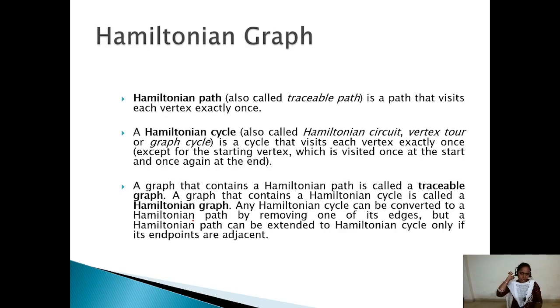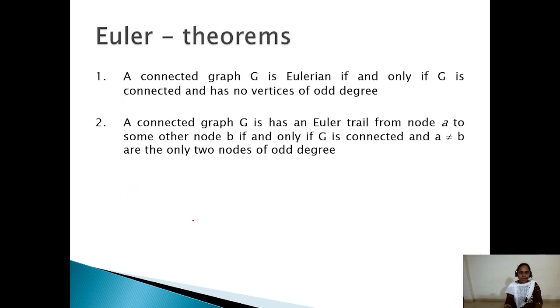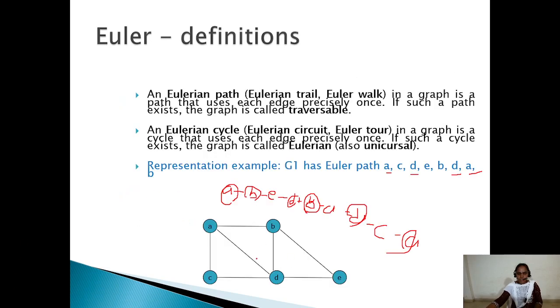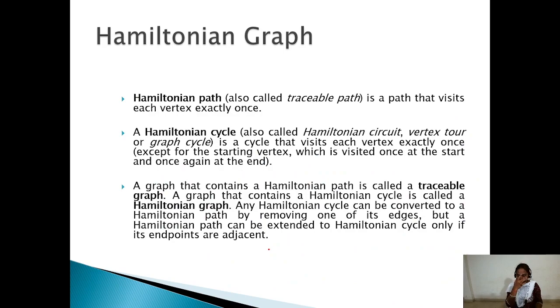Next, Hamiltonian graph. What is a Hamiltonian graph? In an Euler graph, each edge is visited exactly once. But the Hamiltonian graph condition is what?